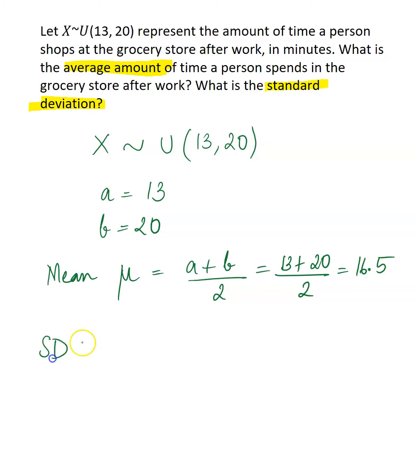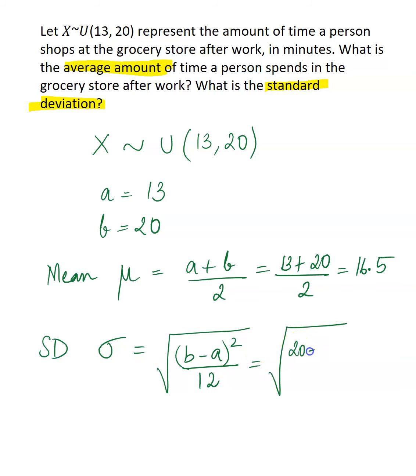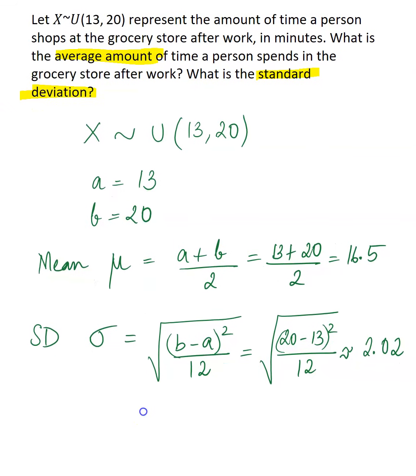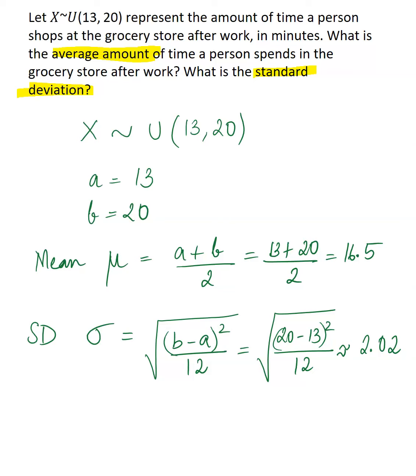And then standard deviation sigma is the square root of (b minus a) the whole squared over 12. That is 20 minus 13 the whole squared over 12. It gives you a long number, but we approximate it and say it's 2.02. That's it, as simple as that. And so we find our mean and standard deviation for the uniform distribution by using these two formulas.